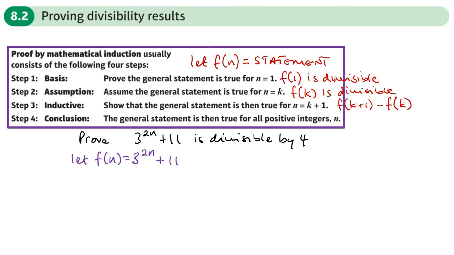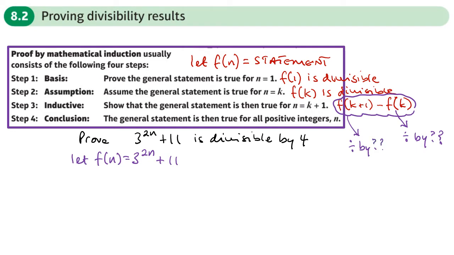Now the reason we do this is because if we assume that this is divisible by a certain amount, so divisible by whatever, then f of k plus 1 minus f of k should also be divisible by that. Now if that is, that's our proof by induction.